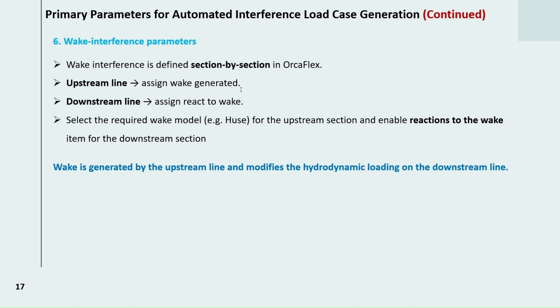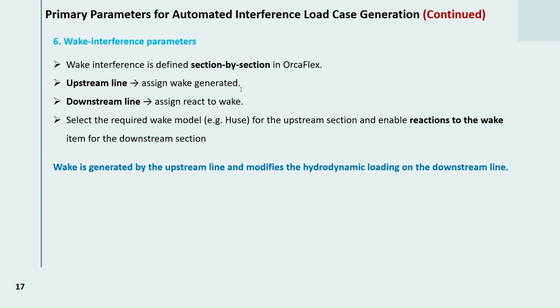Wake interference parameters are defined section by section in Orcaflex. In an upstream and downstream interference case, the upstream line is assigned as the wake generating line, and the downstream line is assigned as the wake reacting line.